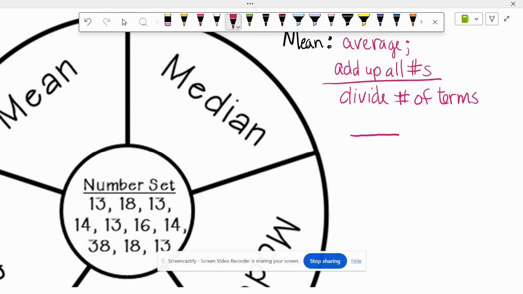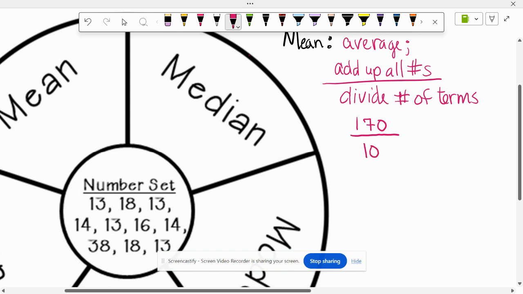So what do you get as your sum? 170? Does anybody else get 170? Okay, Gianna does. How many terms are there? How many numbers did you just add together? 10. So what is 170 divided by 10? 17.